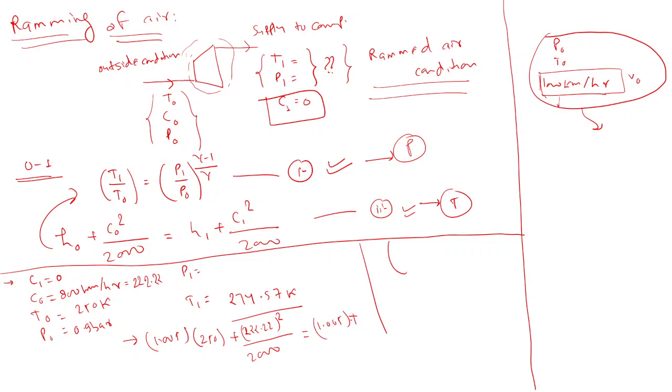If they want some velocity for the ram air, then also the same thing we can do. That velocity we'll put here and temperature from here we can find.